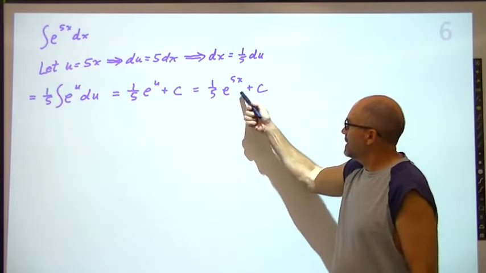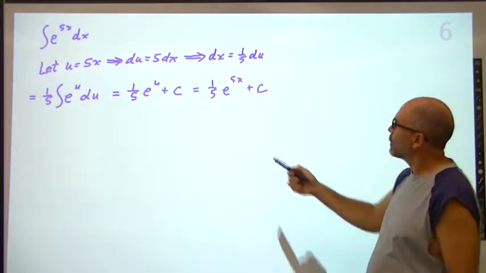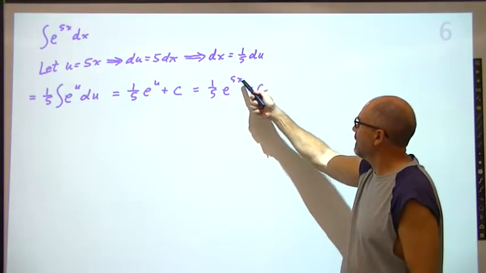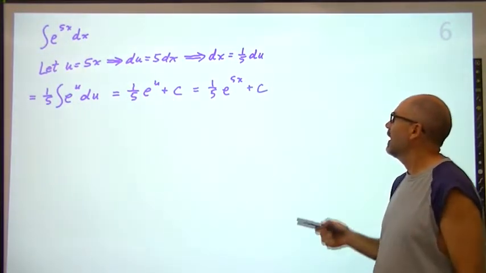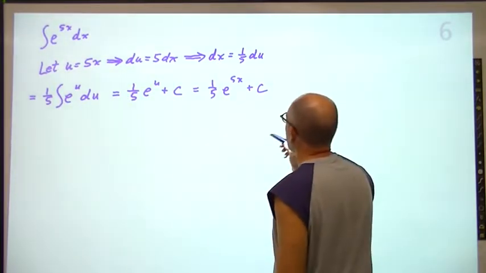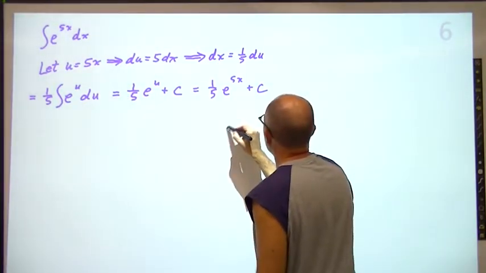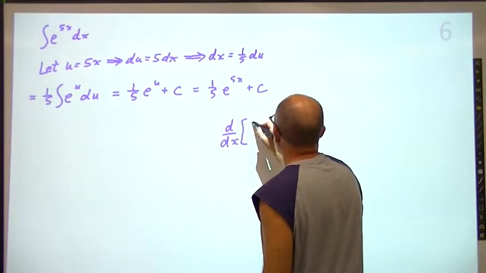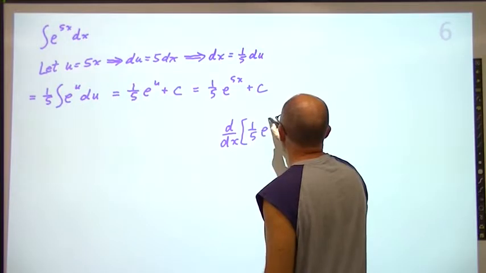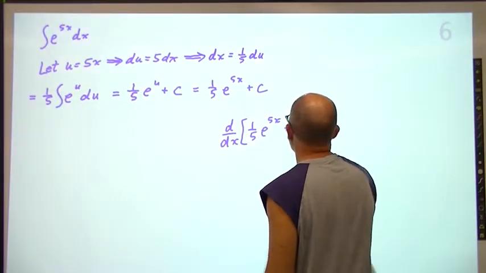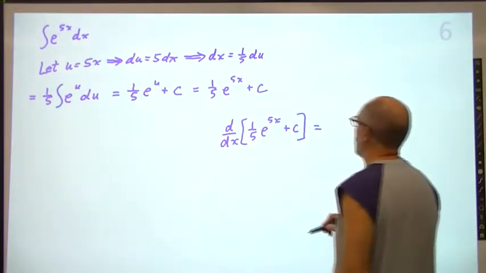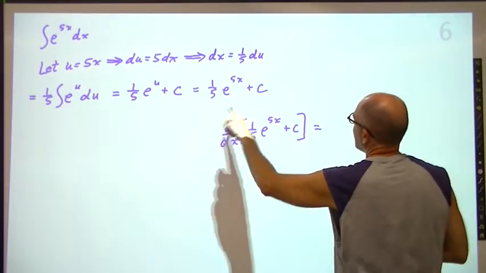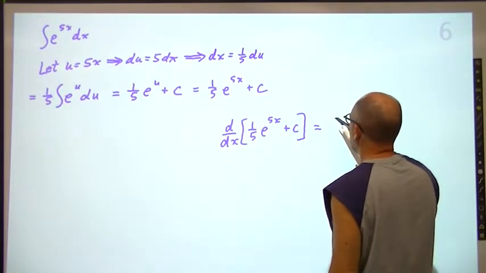Now, take a look at this. If I were to take the derivative of 1/5 e to the 5x plus c, d dx of 1/5 e to the 5x plus c equals.